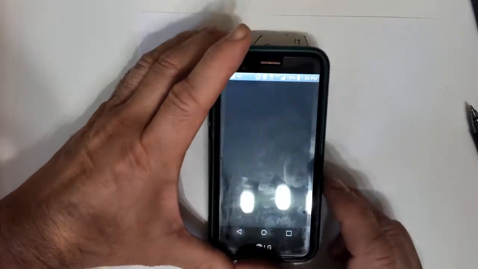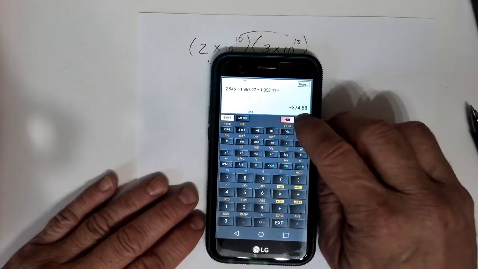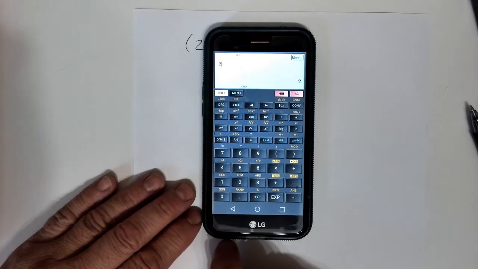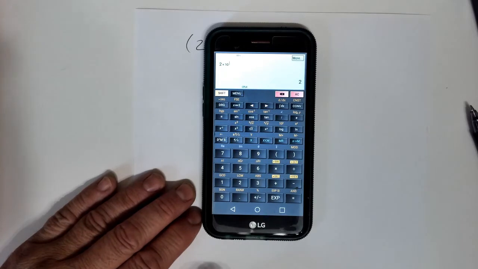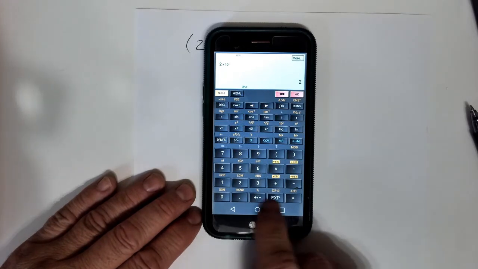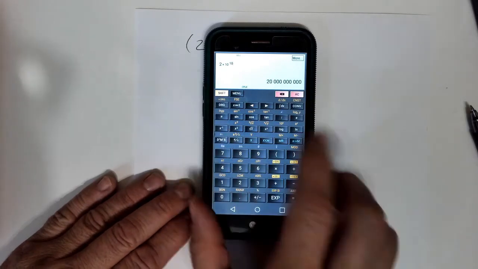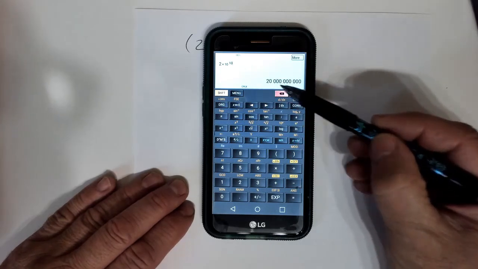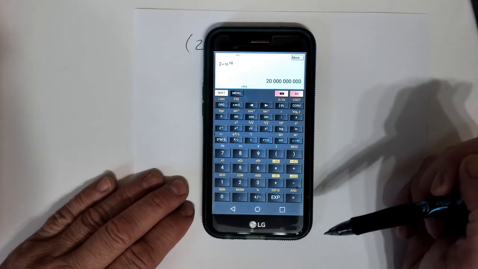It has this look to it, all clear, and it has EXP instead of double E. So if I push 2 and then I push EXP, then it knows it's a power of 10. I just need to put the 10 in now. And since there was room on the screen to show the whole number, it pushed the decimals all the way out.